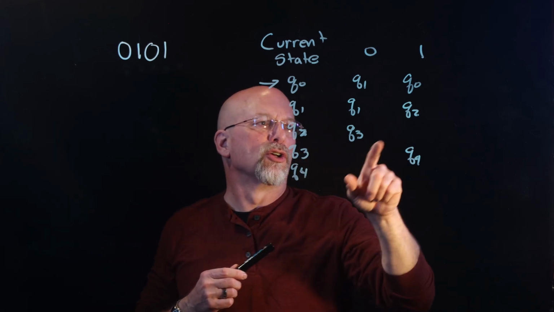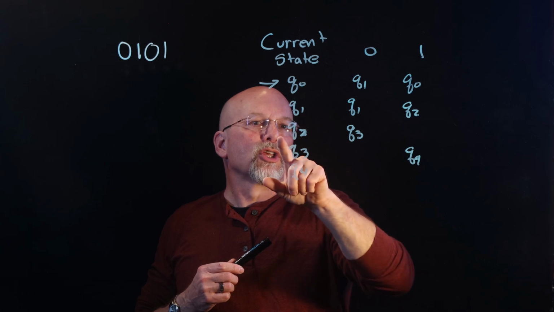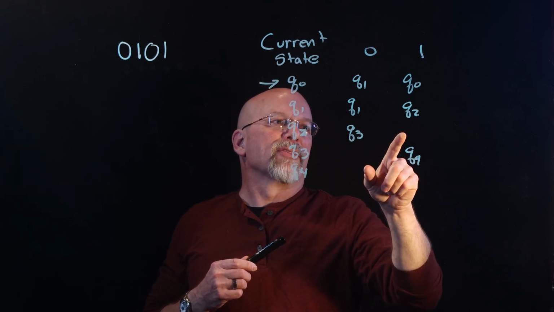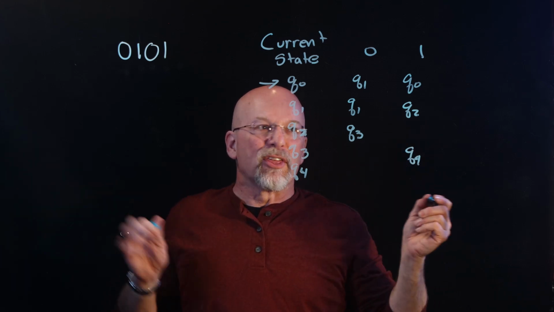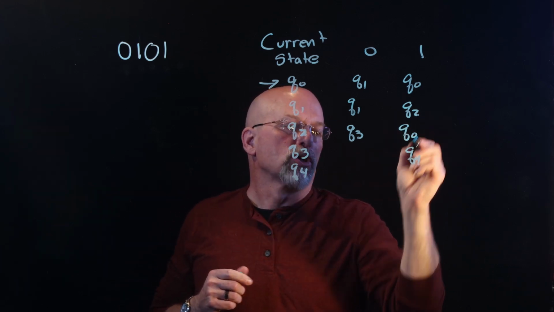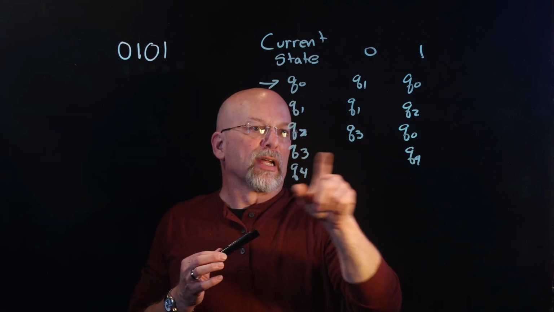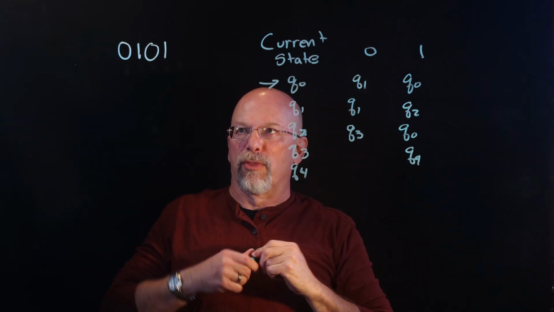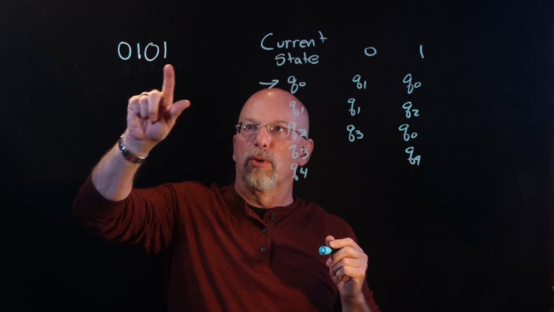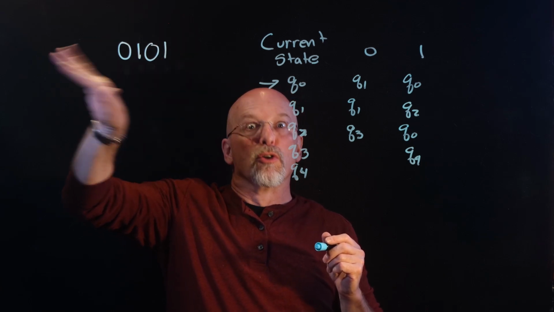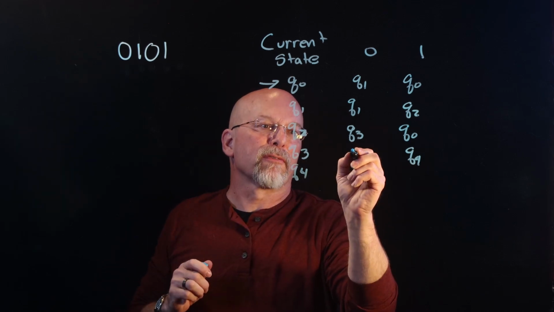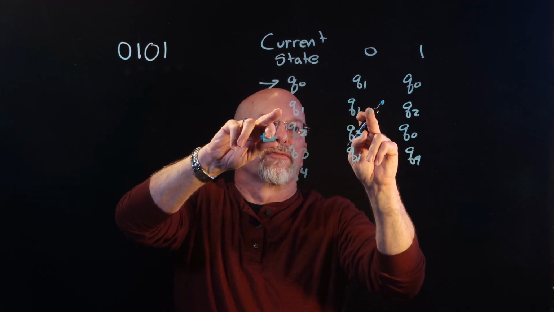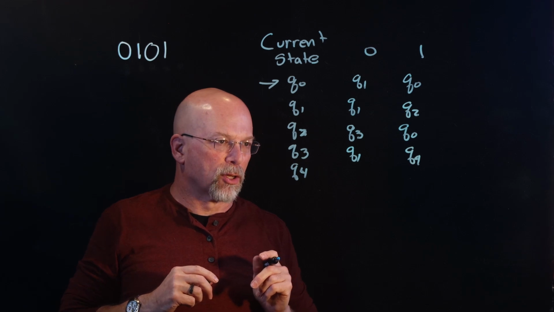If we're in Q2 and we get a 1, that meant that we got a 0, 1, 1, which isn't anything of the pattern, so that brings us to Q0. If we're in Q3 and we get a 0, that means that we got a 0, 1, 0, 0, which means that those bits were wrong. They didn't give us the pattern, but maybe this last 0 is the first bit of the next pattern. So we go to Q1.